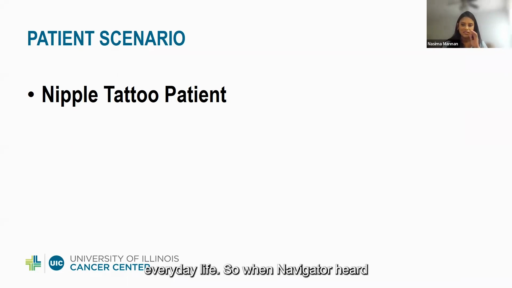When the navigator heard that, we had never provided any support or had any discussion about nipple tattoos or other tattoos that can support patients, so we never had the resource right offhand. The navigator immediately said, let me look into this and get back to you.